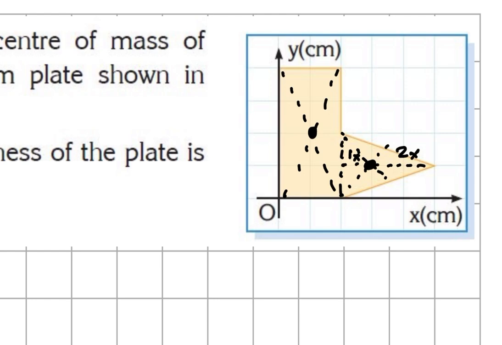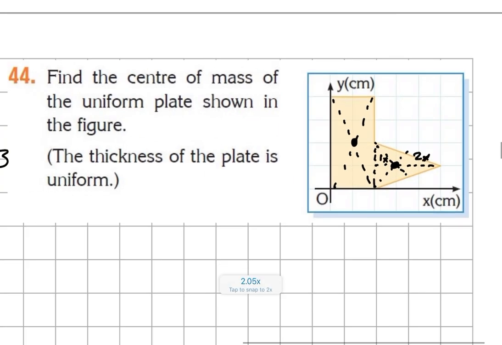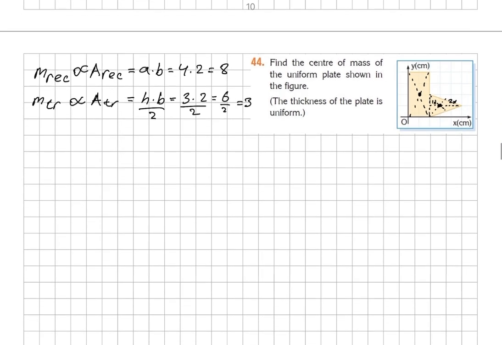So we know the exact point here. And now let me write also the coordinates. So CM of the rectangle is at 1 to 2. So and center of mass of the triangle is at 3 to 1.